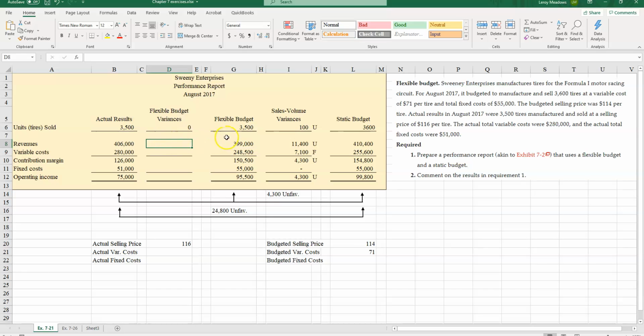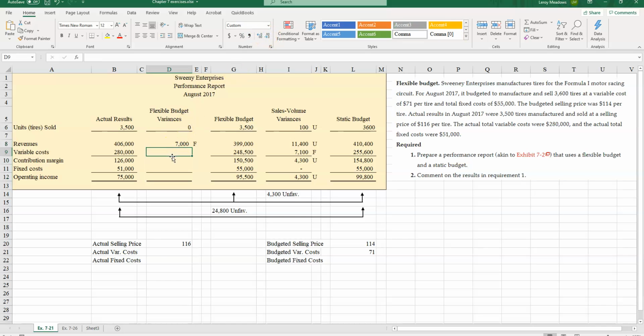Well, it's good, because based on selling 3,500 units, I actually created an additional $7,000 of income. So my flexible budget variance is going to be $7,000 favorable. Again, looking at this one line item, an increase in revenue, all else being equal, is going to equal an increase in operating income. So let me go ahead and format the column here.